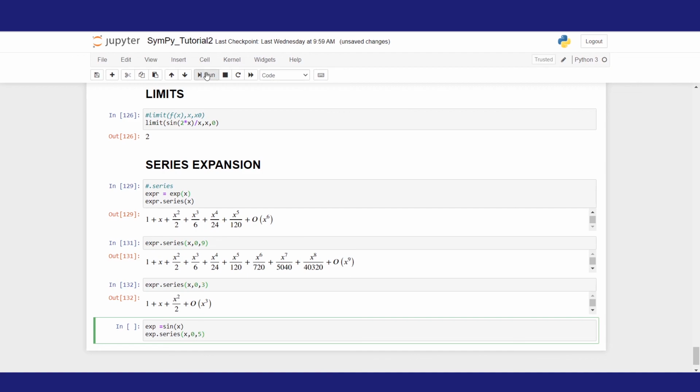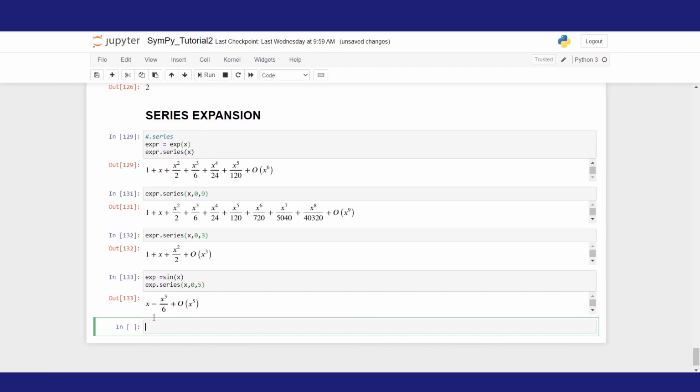If I run that, it gives me x minus x cubed over 6 up to the order of 5. If I want to go up to 15, let's see what we have. You can see the expansion up to the order of 15. Basically this is how we can expand.